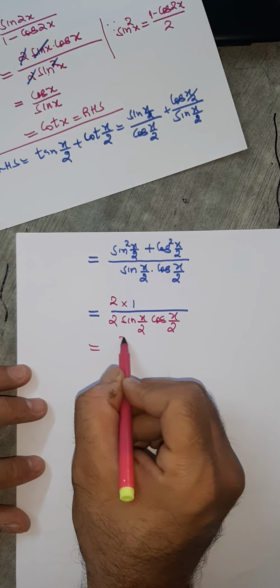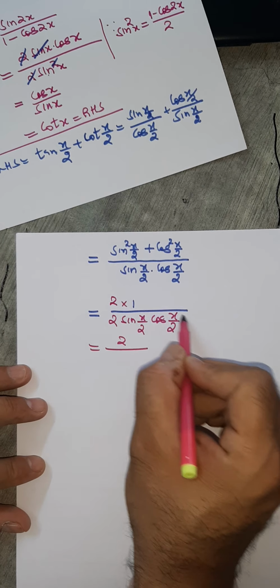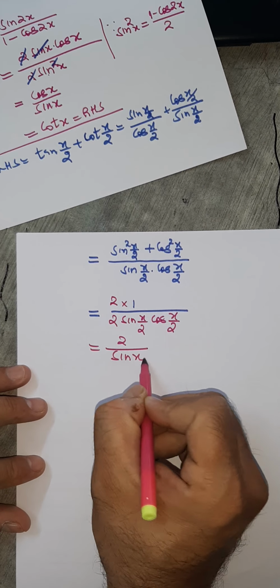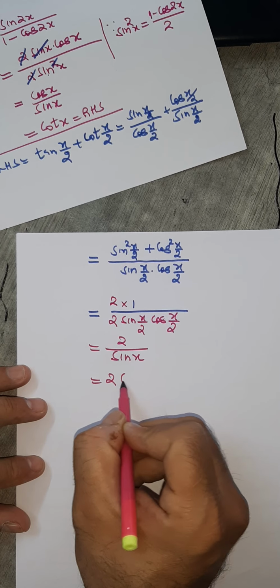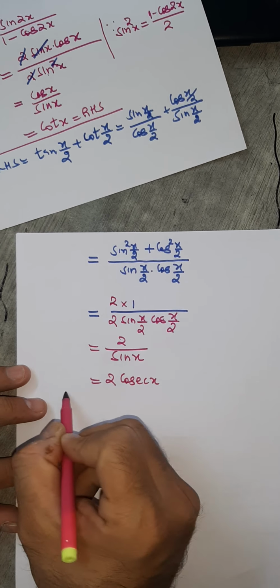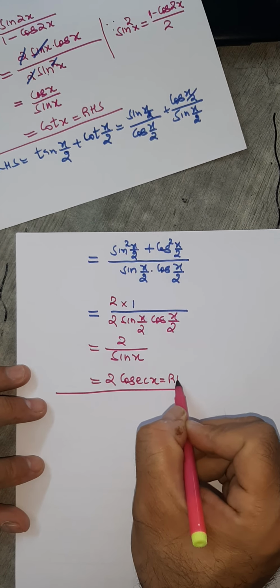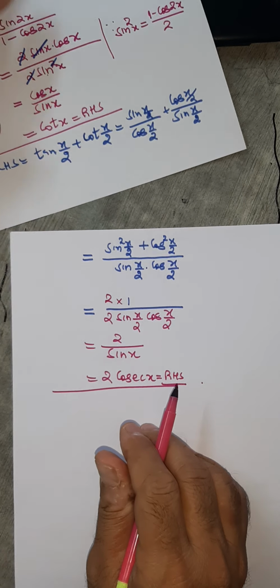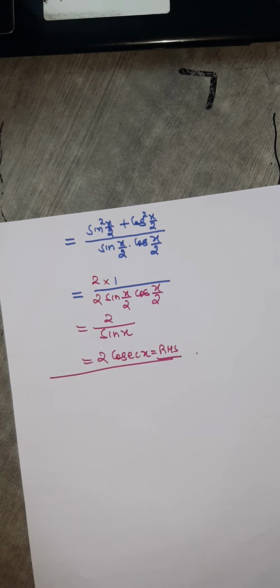So this will be 2 upon sine x, and if I take it in the numerator, this is cosec x. So that is your RHS, and therefore you are through. Okay, now next question number 3 here, third question.